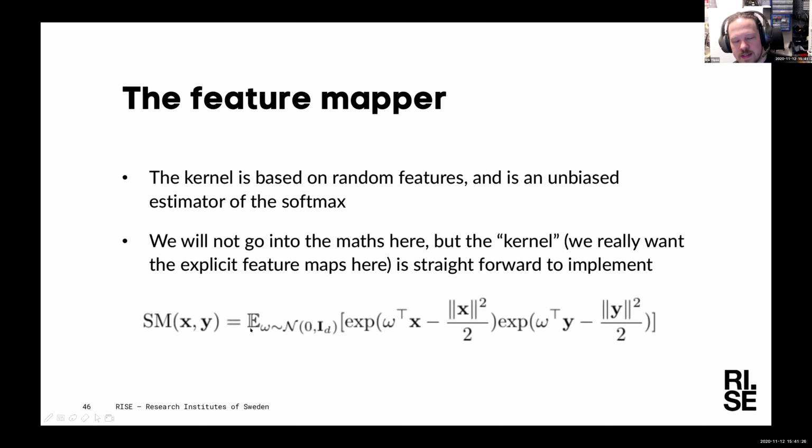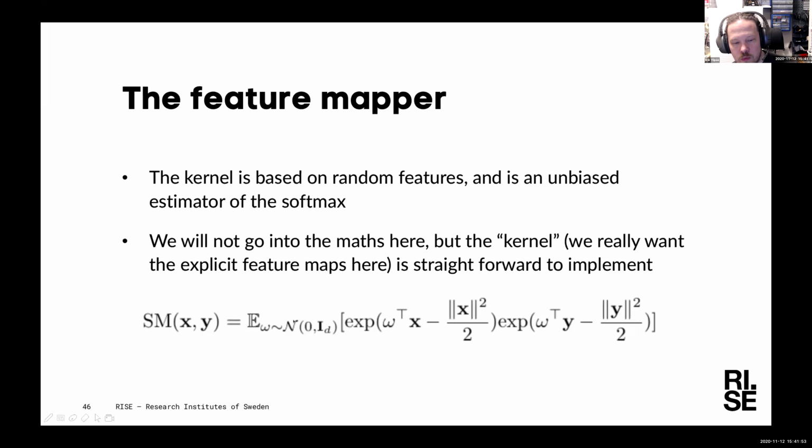I won't go into the details of the math here. But essentially, by doing this kind of random sample of feature functions, we get a good approximation of this. They show that this is a good approximation, and the property is the variance of this estimator. So we're trying to estimate the softmax values of the attention matrix, and they show that this estimator is unbiased.